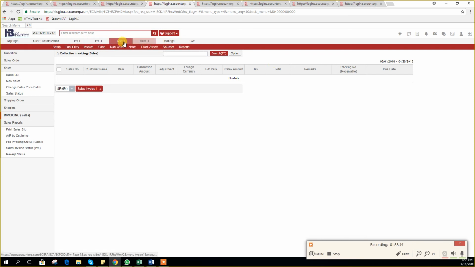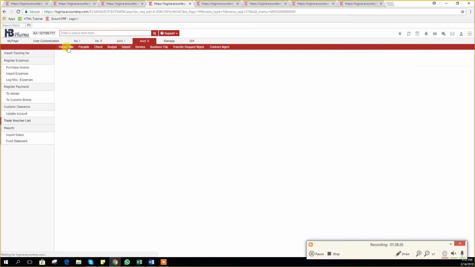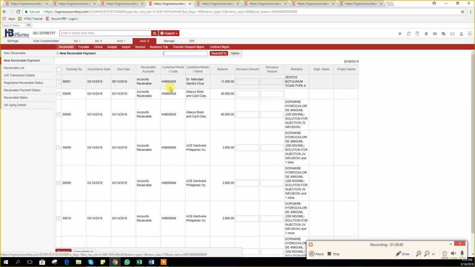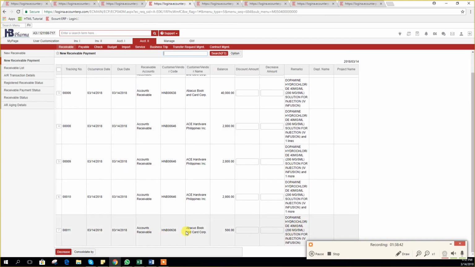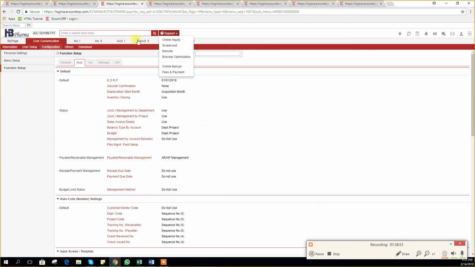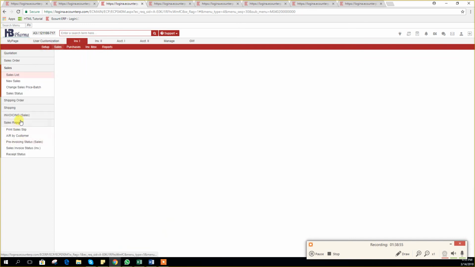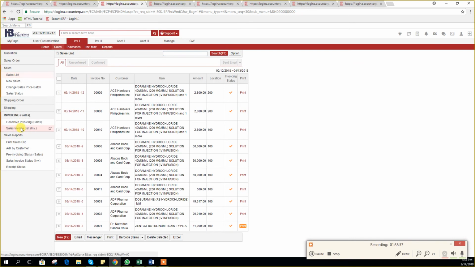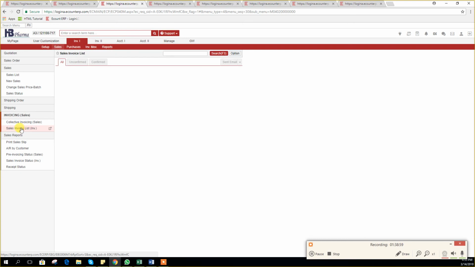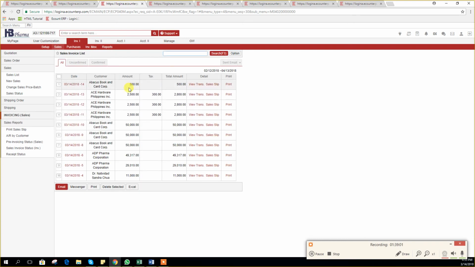And when I save this, it's still going to come up in receivables. So sales invoice 1 is still going to come up in receivables like this, as separated. So I combine the two invoices and make it into one invoice. Now how do I print it? Let's say this is my one.